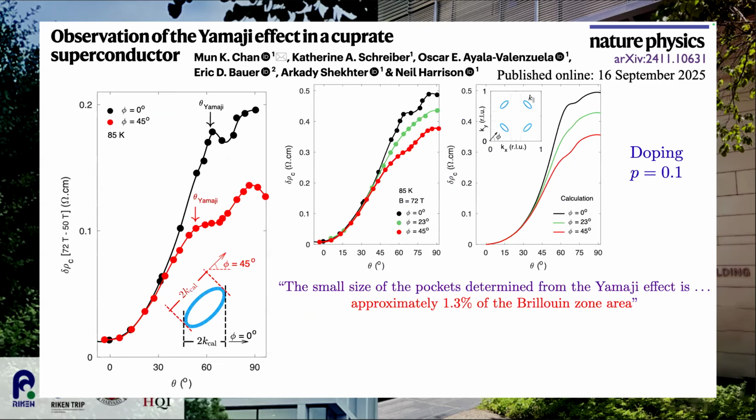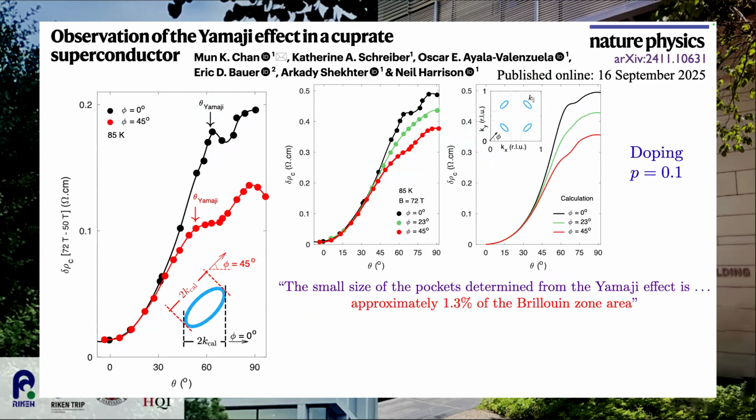So here's the actual data, just published a couple of weeks ago. There's the peak. This is the theta Yamaji. And from this, they are able to read off the size of the pockets, they assume there are 4 pockets like this. And the total density of carriers is p, because we know from the Hall effect that the density of carriers is p.